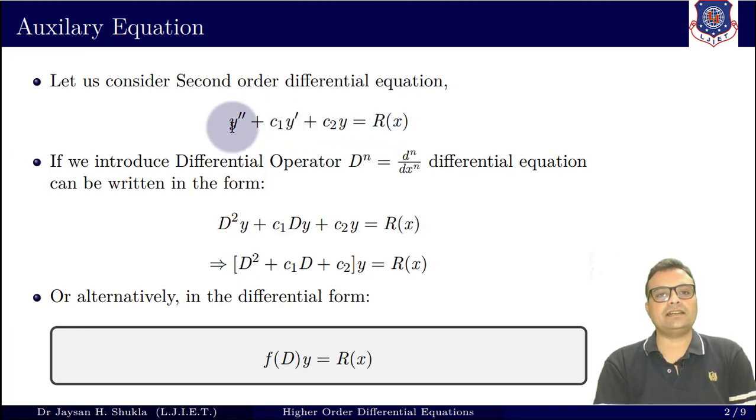Let me recall that this y double dash indicates the double order derivative of y with respect to x. Throughout this discussion, we are assuming that y is the dependent variable on the independent variable x. The c1, c2 are arbitrary constants.